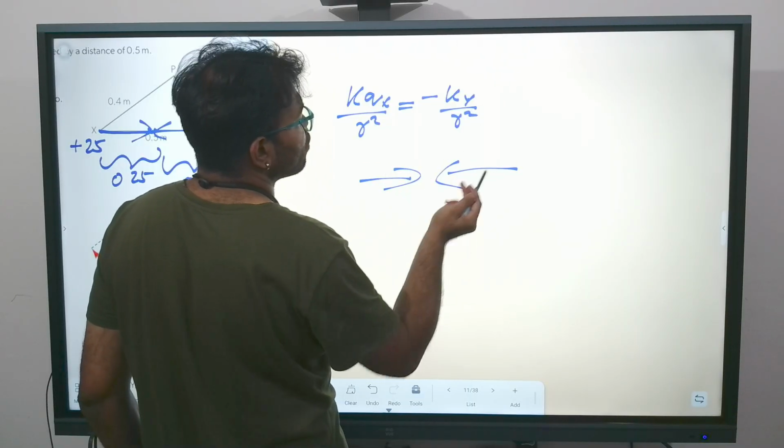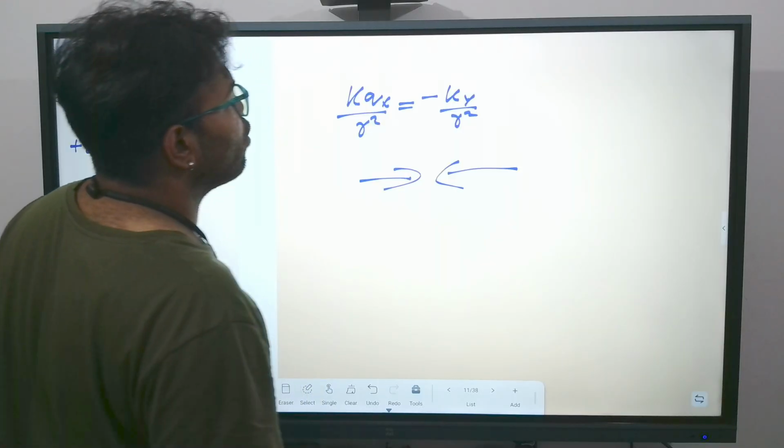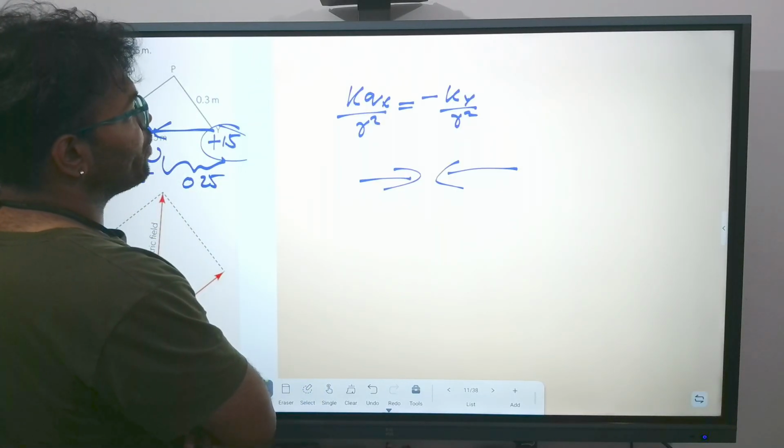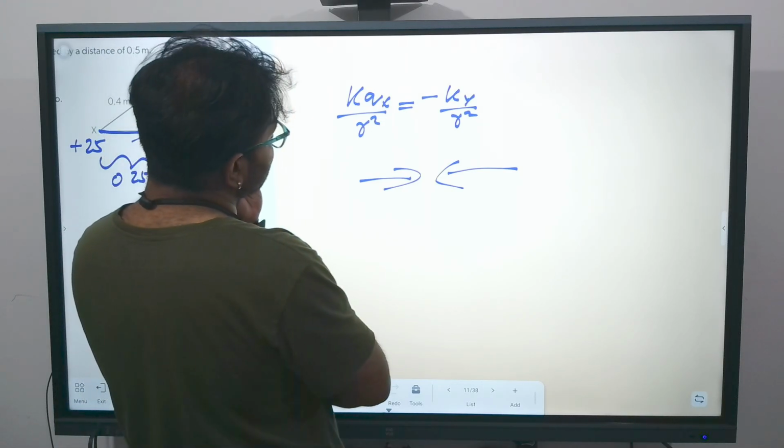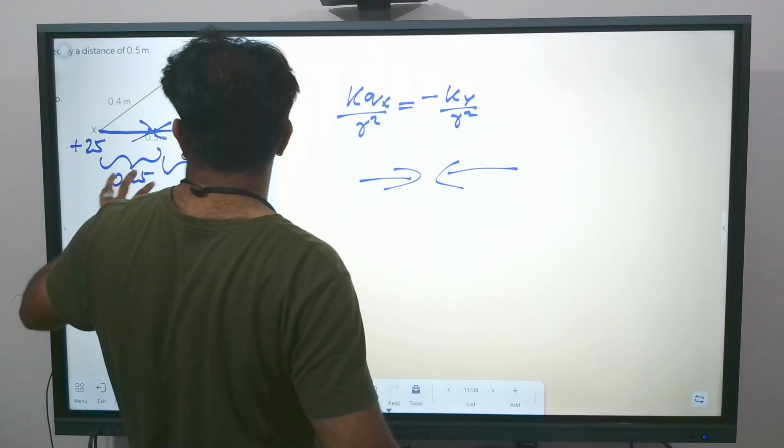So basically both of them should be equal, then only this will happen. So no, again somewhere I'm making a glitch. One second, hold on.